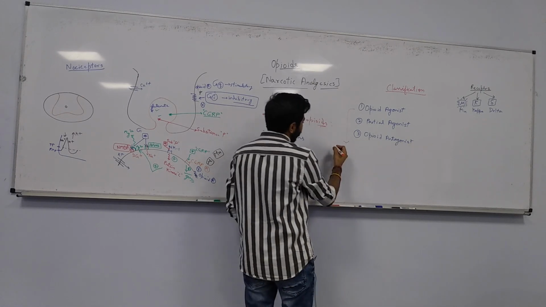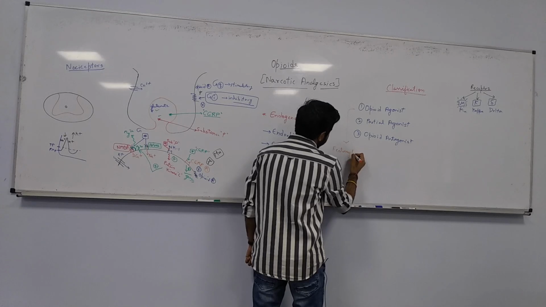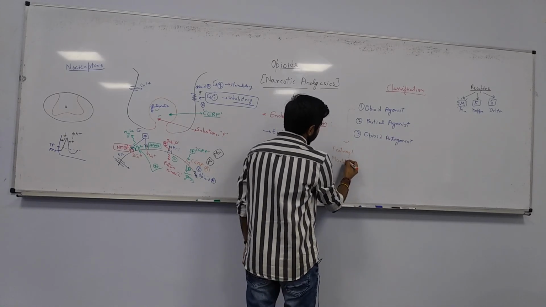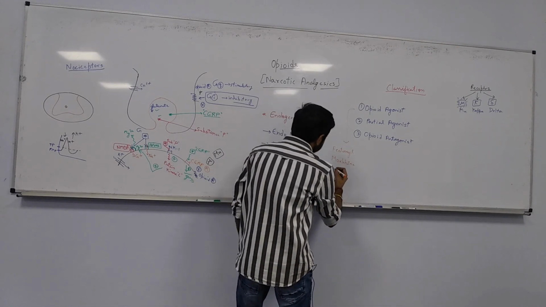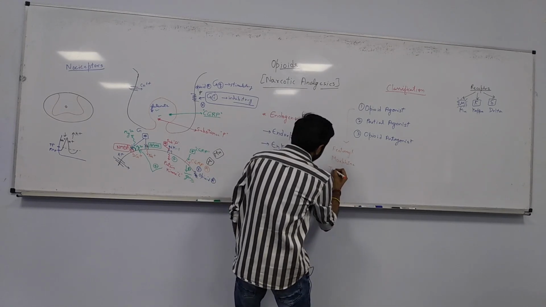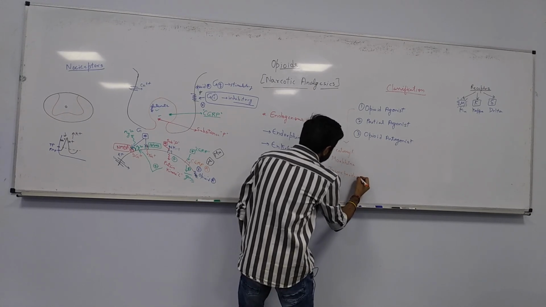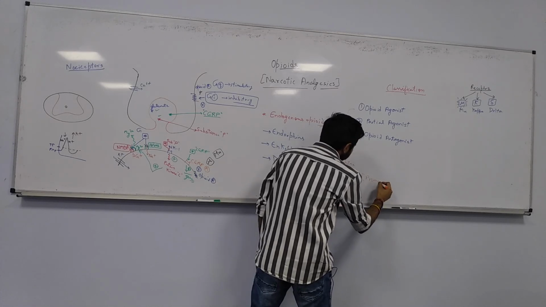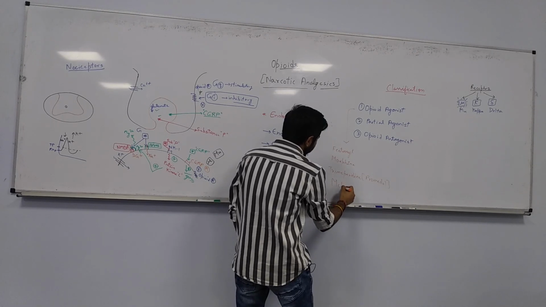In the opioid agonist, we are talking about fentanyl. Just now we have talked about one more drug, that was morphine. Then there is trimipyridine, also called promidol. Then we are having methadone.